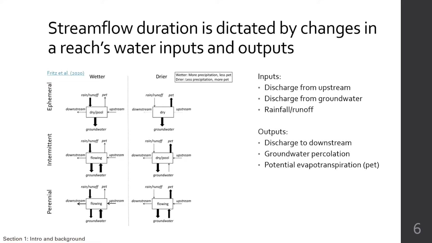The water leaves the reach by flowing downstream, percolating into groundwater, or evaporating, either mediated by plants or just through temperature. And the balance of the inputs and outputs determines whether you have streamflow present. In ephemeral streams, in general, the outputs are stronger than the inputs, whereas it's the opposite in perennial reaches. And in intermittent streams, it depends on the time of year which is more dominant.